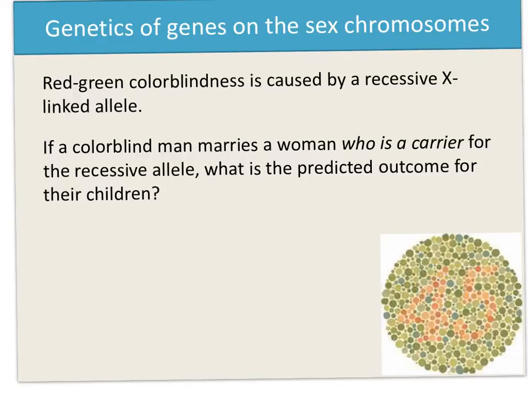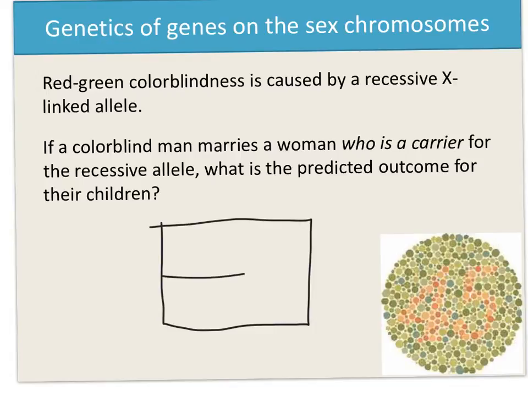Okay, so let's take a look at this. If a colorblind man marries a woman who is a carrier for the recessive allele, what is the predicted outcome for their children? So these are X-linked traits. Why don't we make a Punnett square? The colorblind man, we'll do in blue.